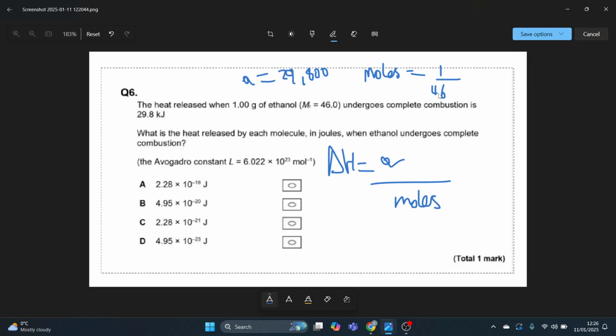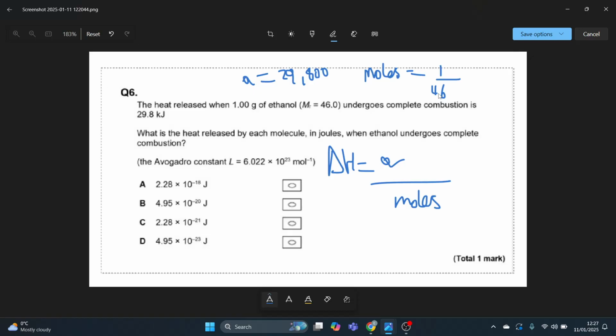Each molecule: do I divide by Avogadro's constant or times by 6.022 times 10 to the power 23? Maybe I'm just using the wrong equation.